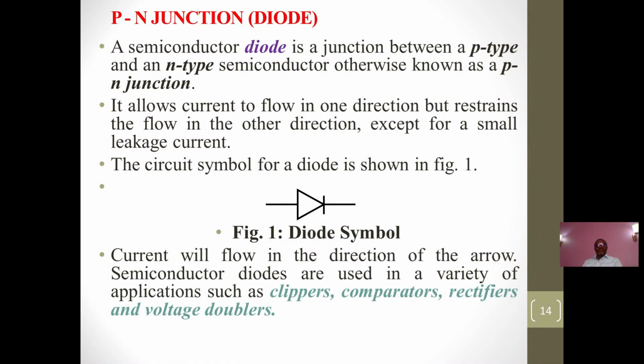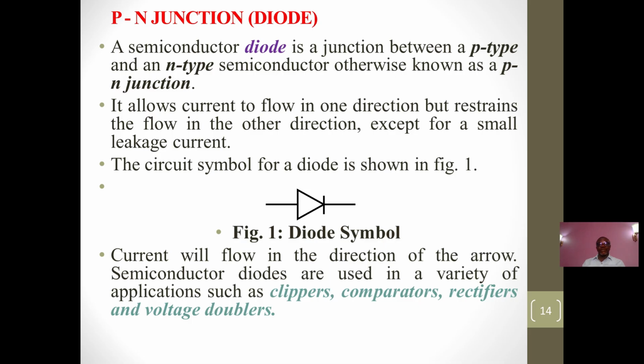So now, at this point where they meet, what do we call it? A diode. We say a PN junction is also referred to as a diode. And the semiconductor diode is a junction between a P-type and an N-type semiconductor, which is known as a PN junction.